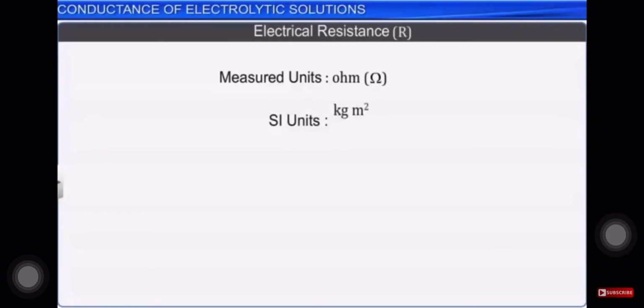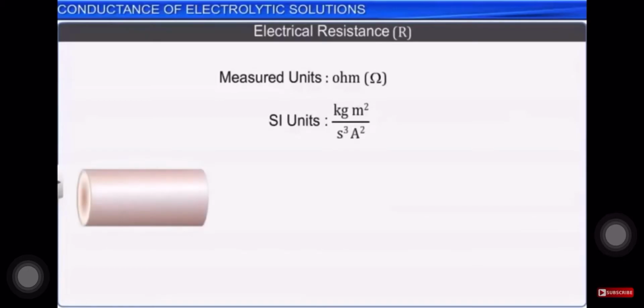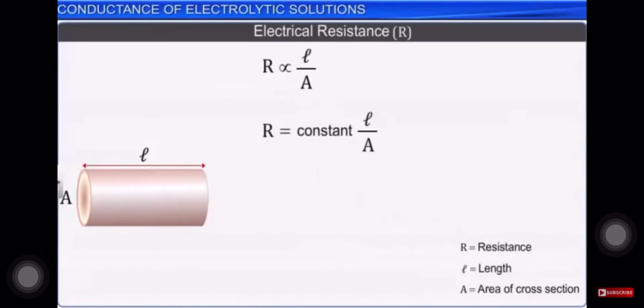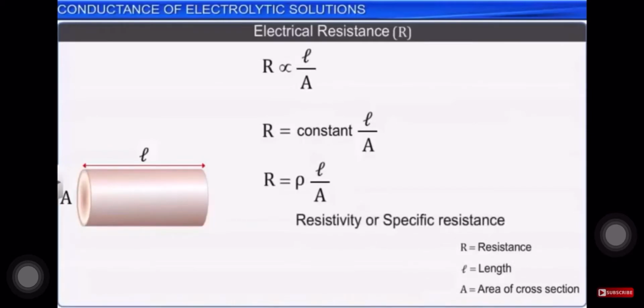Its SI unit is kg meter square per second cube A square, where A is current. Now this R is directly proportional to the length of the wire and inversely proportional to its cross section area. Now we know that we are supposed to put a constant value over here, right? And that's why we put a symbol which is similar to P, but it is not P. You should remember that thing.